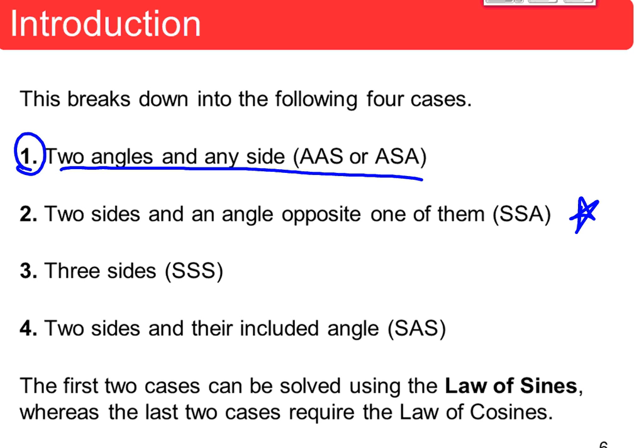Then two sides and the angle opposite one of them. I have the little star there just because that reminds us that's the one that can give us a little bit of trouble. And then when we know three sides, or side angle side, two sides and their included angle, then we'll use the law of cosines. So this section is on the law of sines in particular.